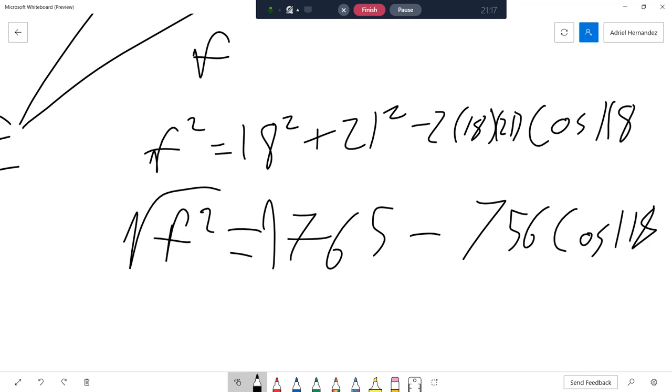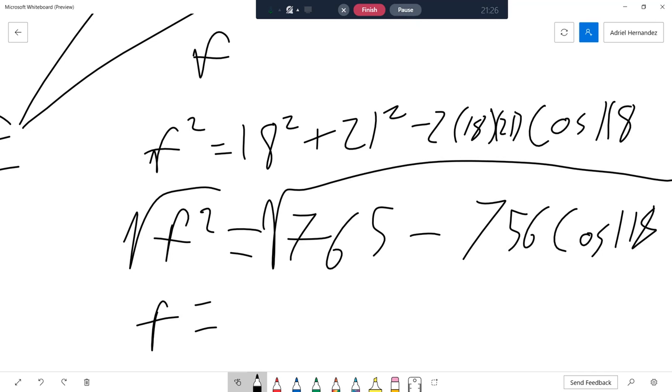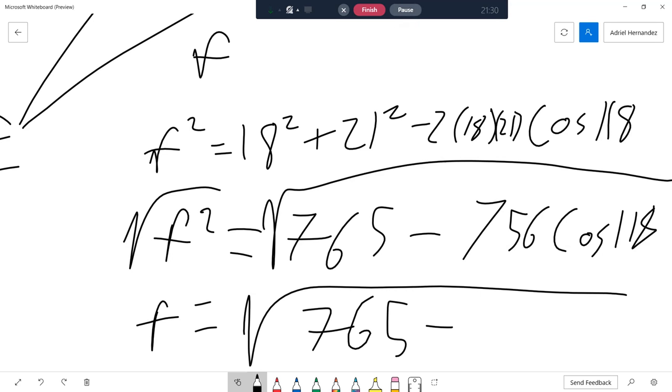And we still have the F squared, so you're going to want to square root it, and since you do something on one side, you have to do it on the other, and you're left with the square root of 765 minus 756 times the cosine of 118.